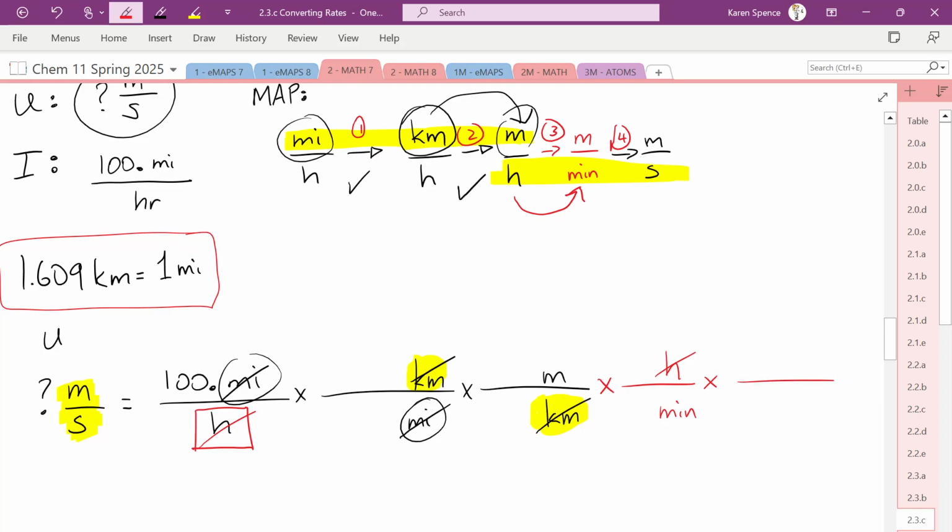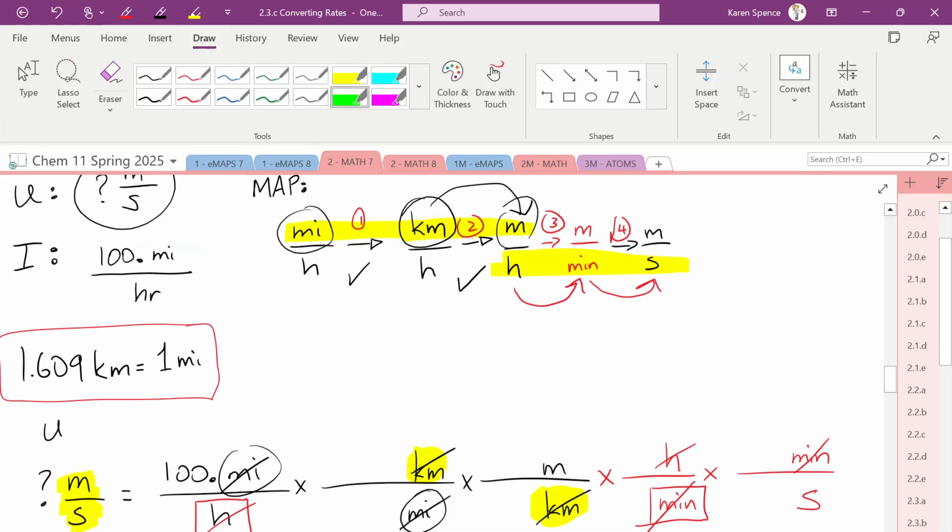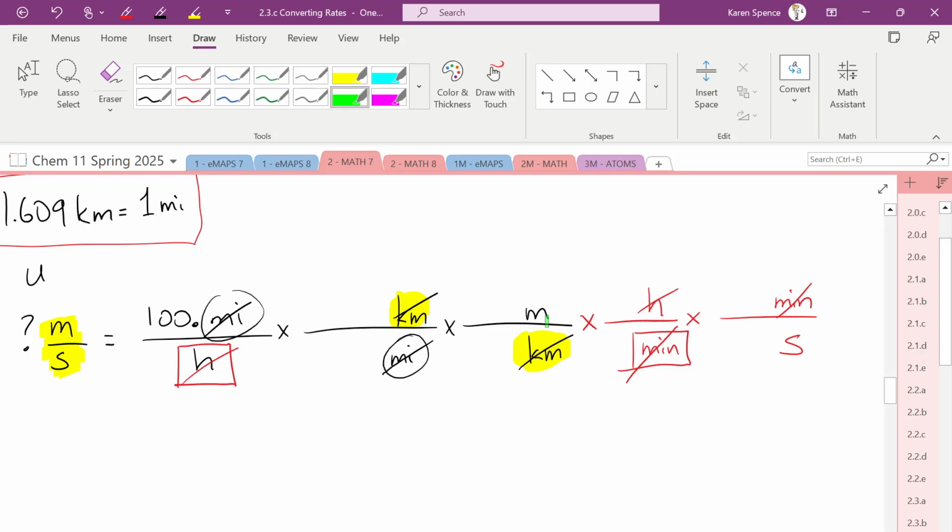And then we need to go from minutes to seconds. Minutes are on the bottom, so minutes need to go on the top. And our seconds will go on the bottom, so minutes cancel out. All we are left with then is meters over seconds.